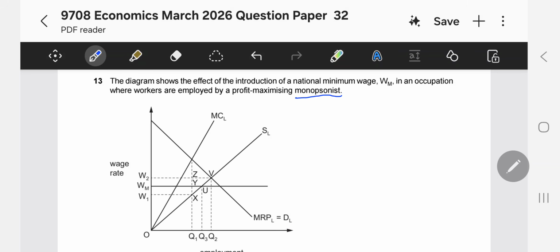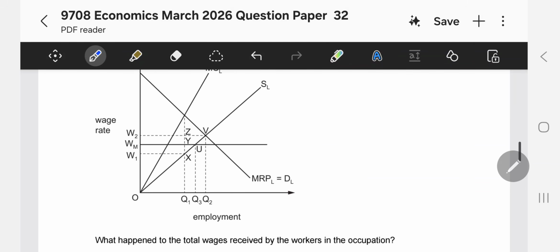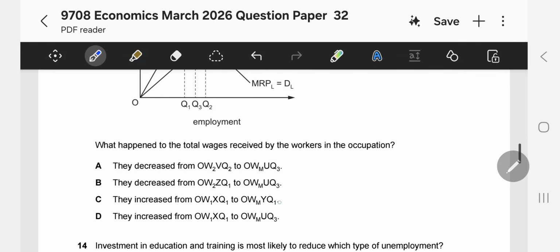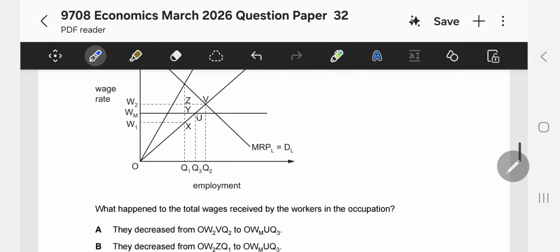The question they want us to answer is, what happened to total wages received by the workers in the occupation? Initially, the workers were paid this wage, W1. So the area we're looking for is OW1XQ1. Let's look for that in the answers. OW1XQ1. So the answer can be that or that. And then when the government introduces the minimum wage, they're going to be paid that salary.